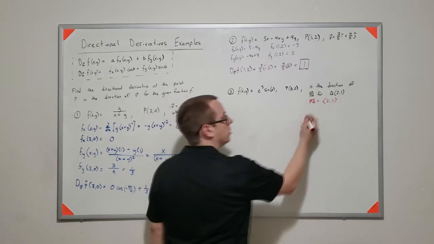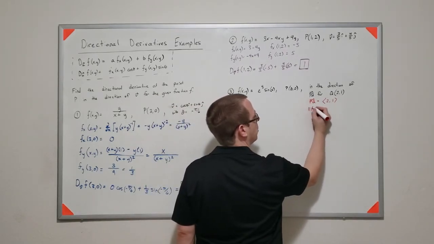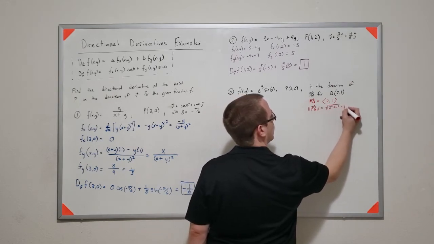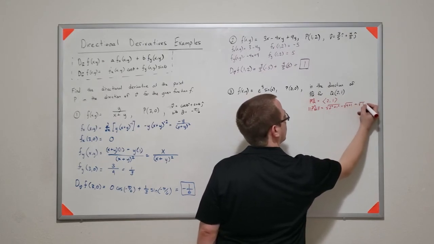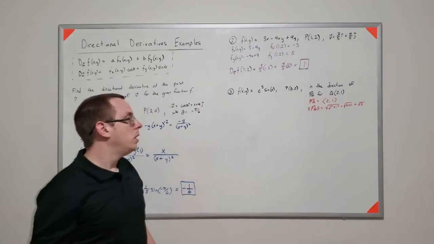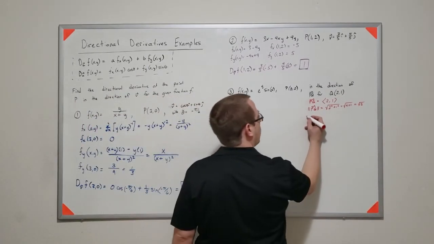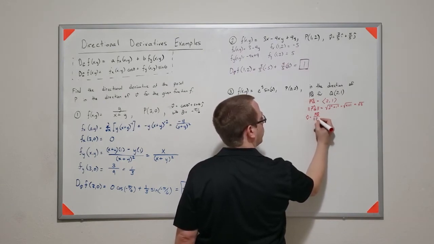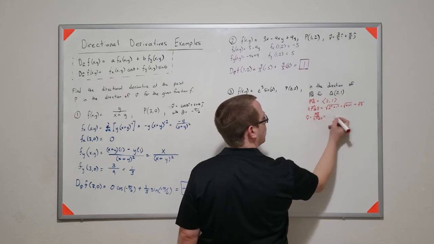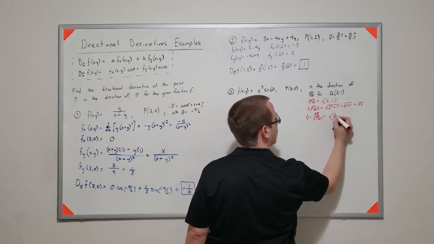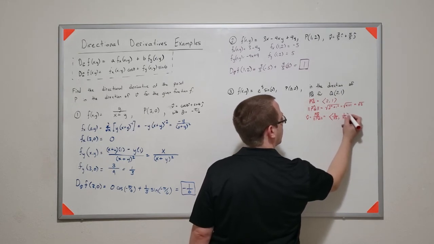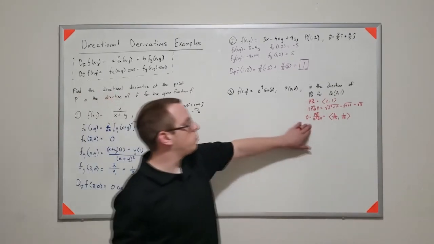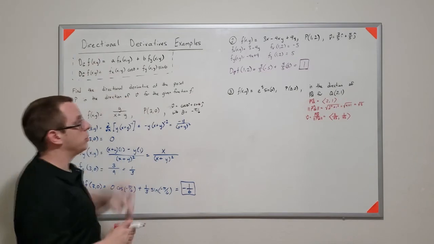So to solve this, we need to get the magnitude of PQ. Okay. So that tells me that I'm going to call it v, which is the unit vector in the direction of PQ, is 2 over the square root of 5, 1 over the square root of 5. So this is what we'll have to use in this equation.